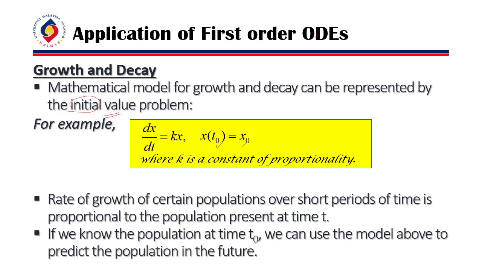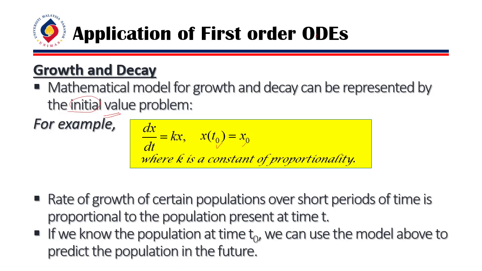So for the growth and decay, this is the formula that you're going to face every time you try to solve a growth and decay problem. This formula is standard, so you can use it, but it depends.